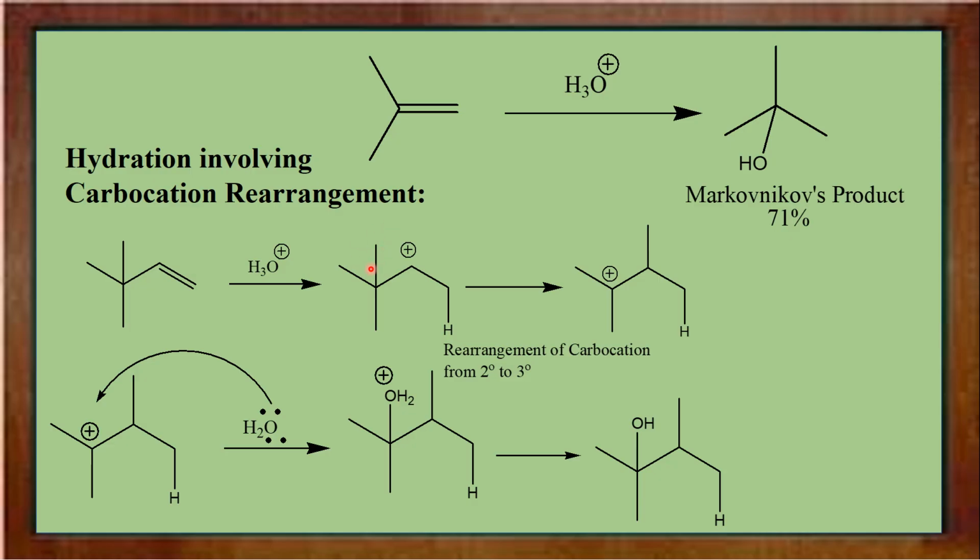So CH3 here comes out as methyl anion and joins here. If this methyl is shifted to this carbon, you will have a positive charge here, that is a tertiary carbocation. So in this rearrangement, a secondary carbocation is converted to a tertiary carbocation, which is more stable.